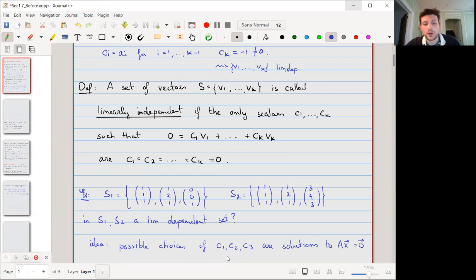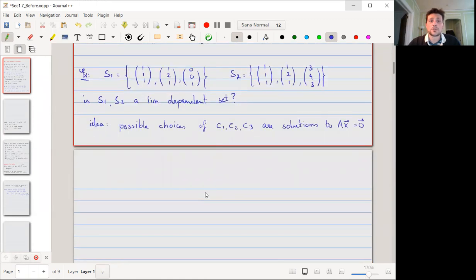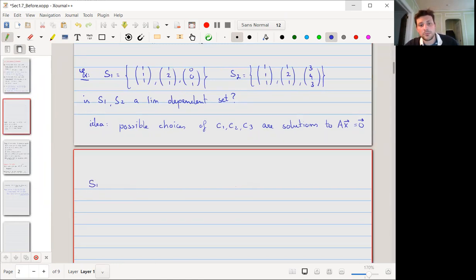So the possible choices for coefficients to write the zero vector are the same as the solutions to a linear system Ax equals 0, where A is the matrix whose columns are the vectors in S1 and in S2. So let's try and do that. I'll work out S1 on this side of the page and S2 on this side of the page.